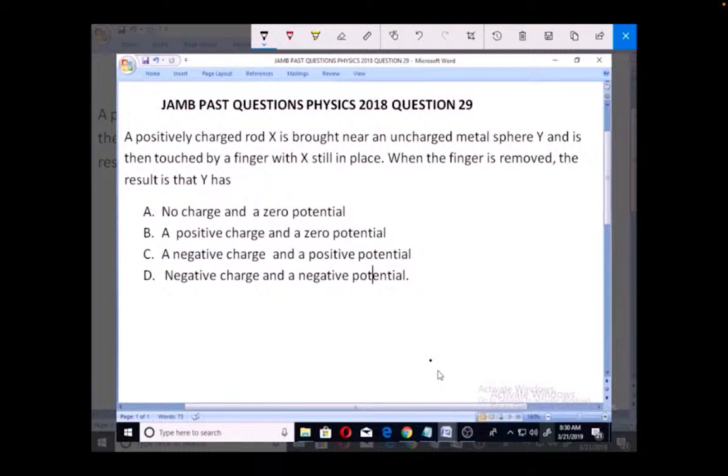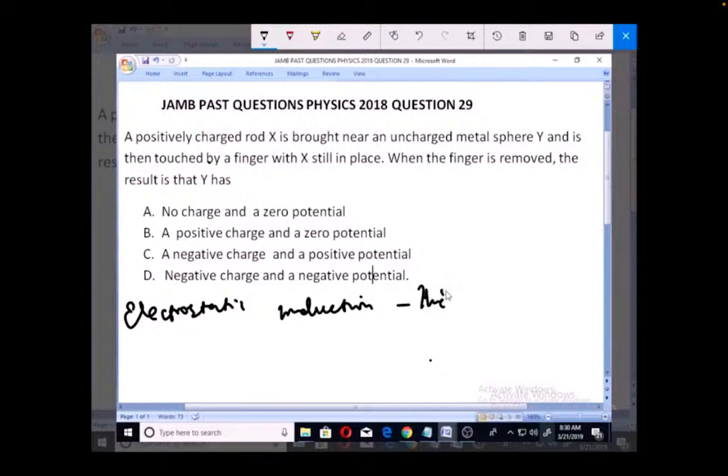The act of charging a neutral body by placing a charged body near it is known as electrostatic induction. So very importantly, we need to understand what electrostatic induction is so that we can appreciate this question very well.